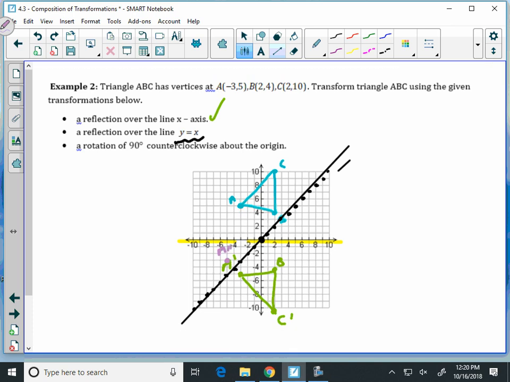And then label it A double prime. B, we went up 6, so we go left 6. And that's B double prime. C, we went up 12, so we go left 12. C double prime. And connect.